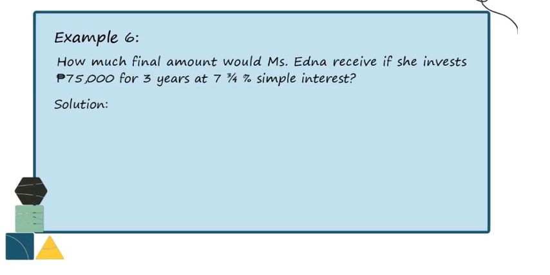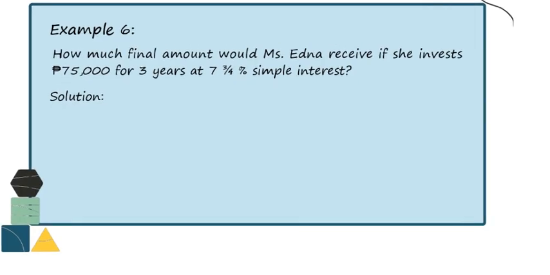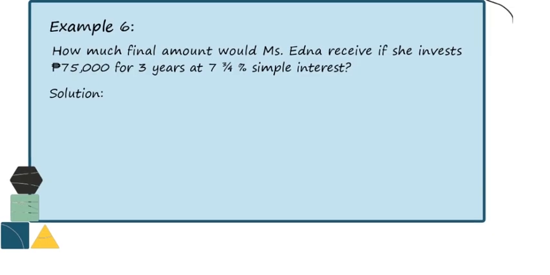And then, let's have the next example or the last example. Example 6: How much final amount would Miss Edna receive if she invests 75,000 for 3 years at 7 and 3/4% simple interest? So we are going to try to find the given first.